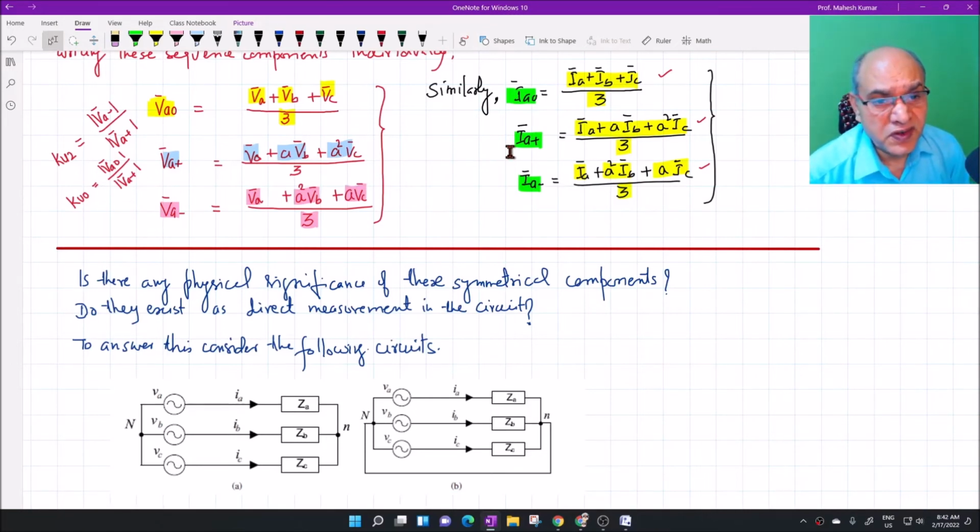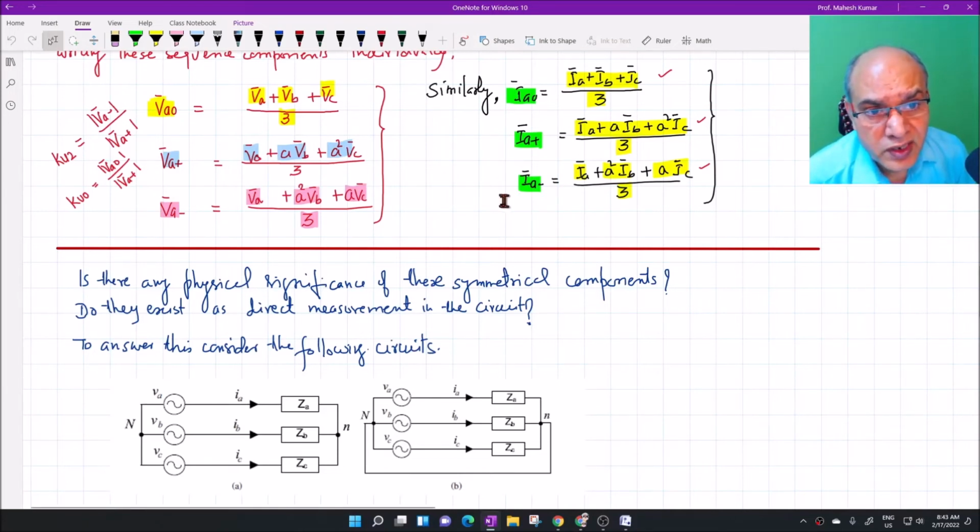If the system is perfectly balanced, then there are only positive sequence components. As unbalance starts coming, the negative sequence and zero sequence components start reflecting. If you compute, you will find a finite value of these negative sequence and zero sequence components.